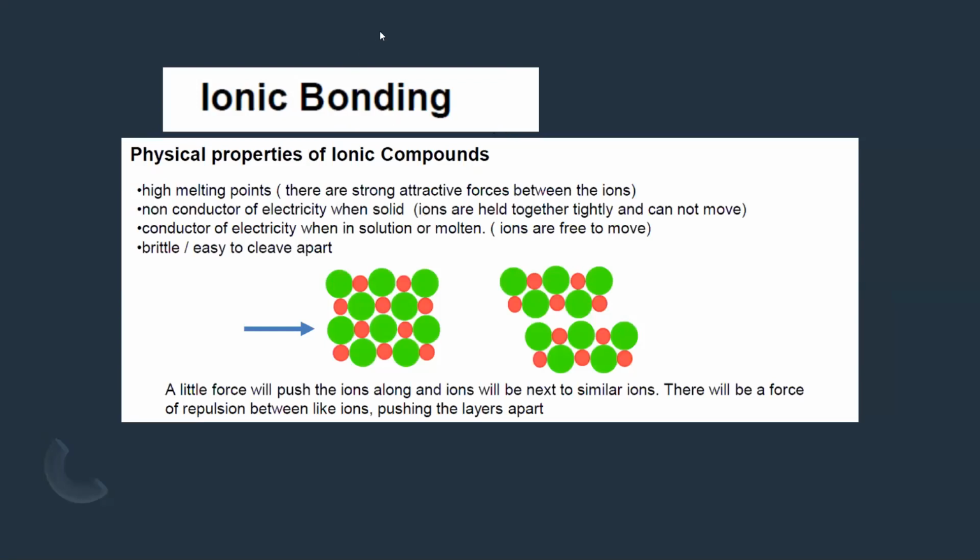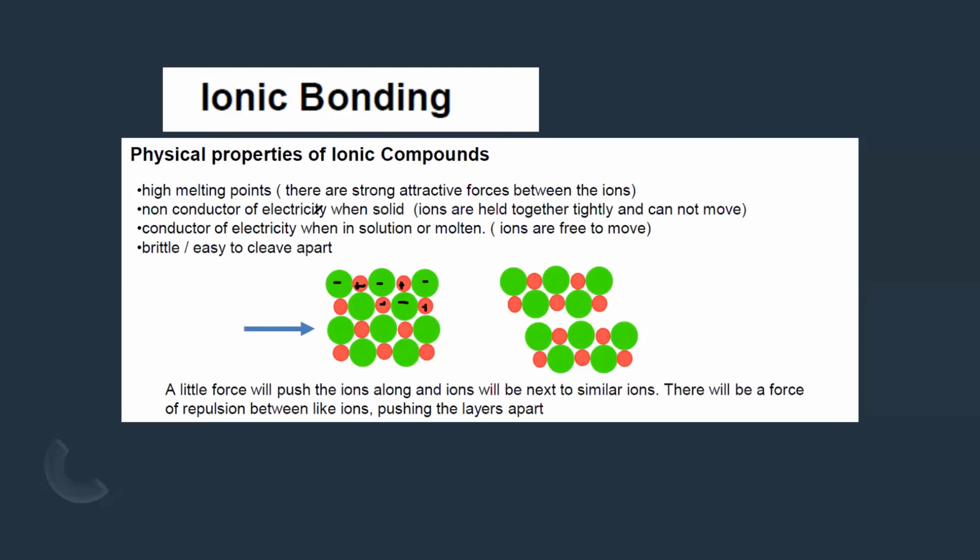Some properties of these ionic compounds. Physical properties: they have a high melting point. What's the reason why they have a high melting point? Because they have strong electrostatic attraction and a giant structure, which results in a high melting point.